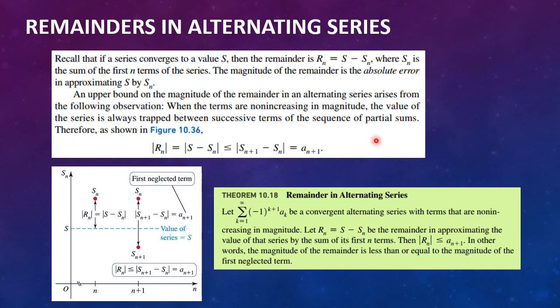Then the absolute value of R sub n, the remainder, is less than or equal to A sub n plus 1. In other words, the magnitude of the remainder is less than or equal to the magnitude of the first neglected term, which is basically just the next term once we've defined how far out we're going to go. This will become a little bit more clear as we look at the next example, Example 2.